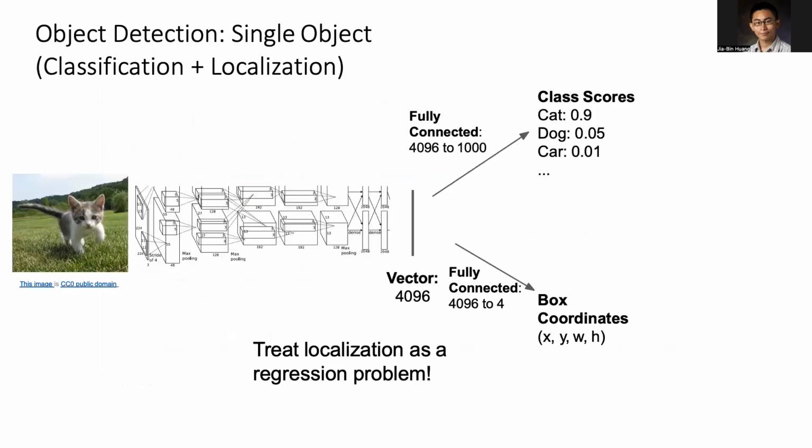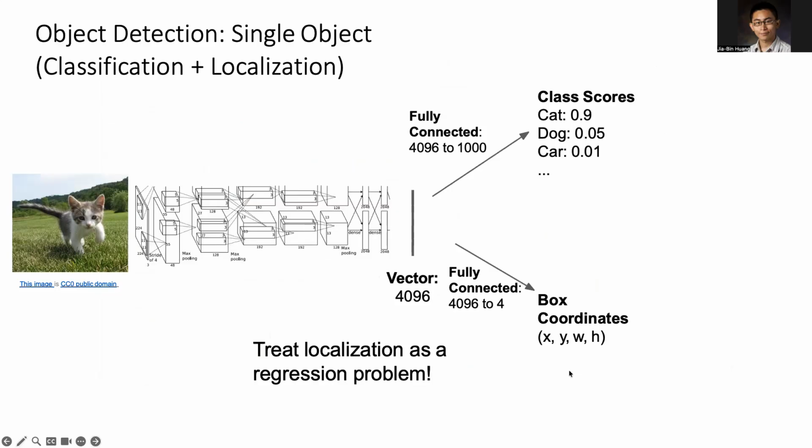So how could you solve this? Maybe the simplest one is the following. You have an image, you run it through the CNN, and you solve for predicting not just the object class, but also where the object is. Maybe you can predict the bounding box coordinates.